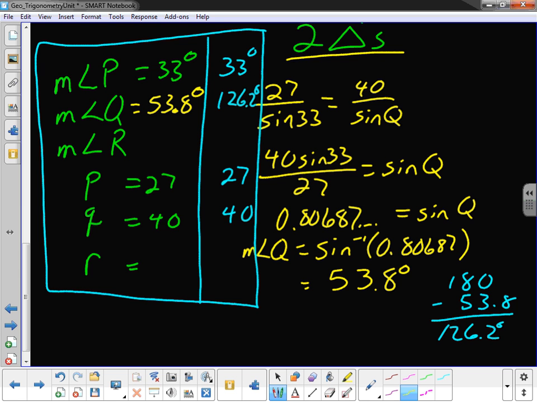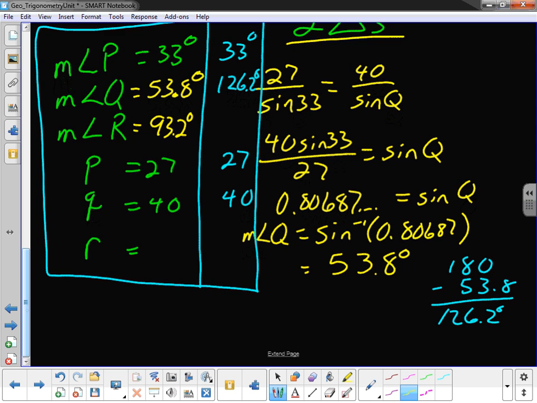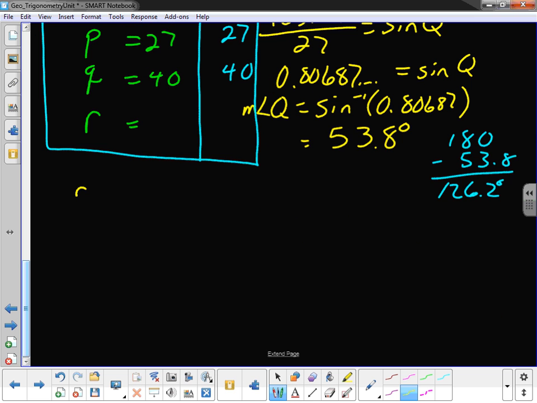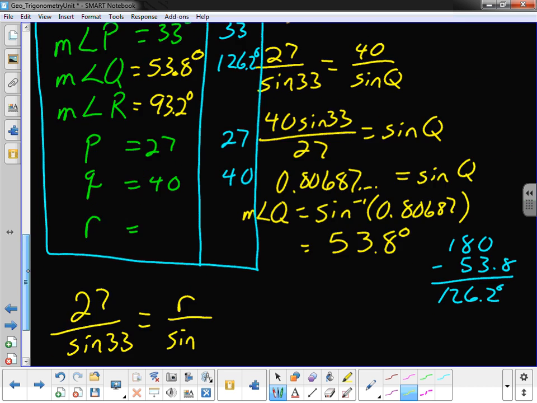Now that I have that, I need to figure out the missing R's. I have my yellow case, I have my blue case. In my yellow case, I'm going to take 180, minus the 33, minus the 53.8, and it's going to give me 93.2. Then I can work through the problem again using 27 over the sine of 33 equal to side R over the sine of 93.2.